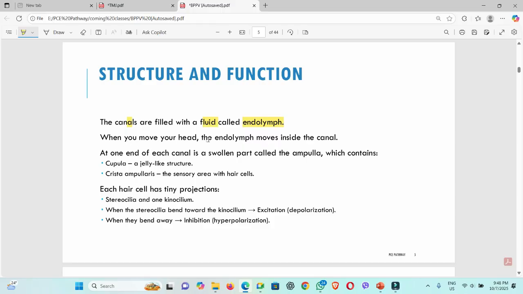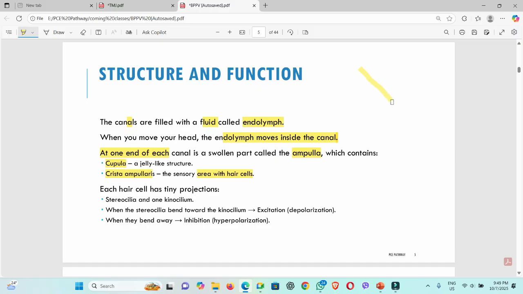When you move your head, the endolymph moves inside the canal. At one end of each canal is a swollen part called ampulla, which contains cupula, a jelly-like structure, and crista ampullaris, the sensory area within the cell.